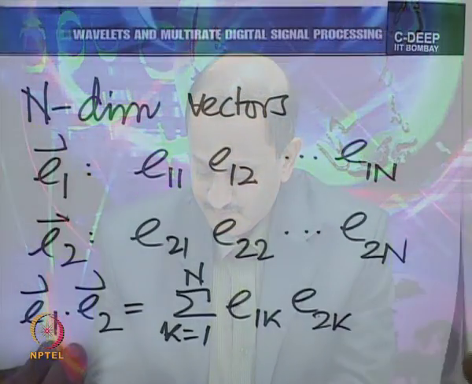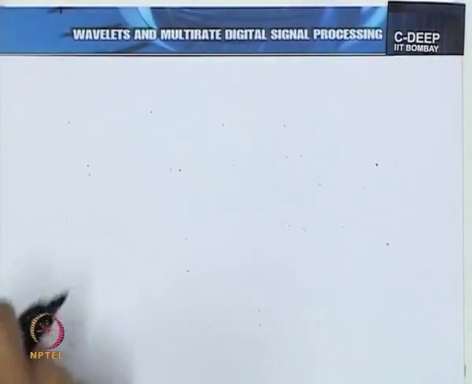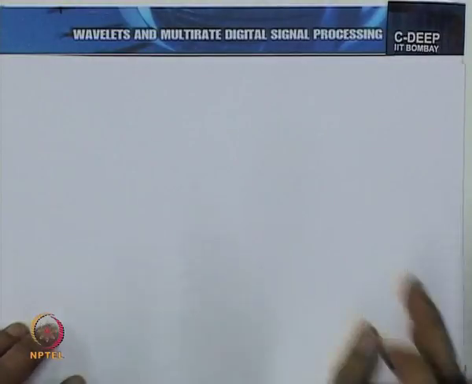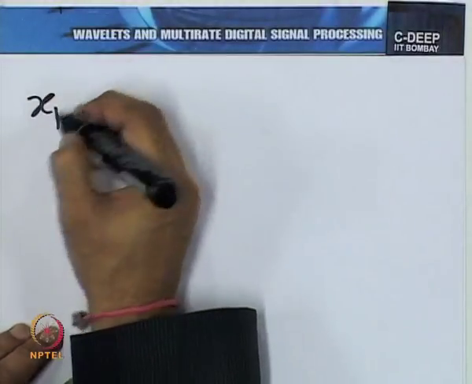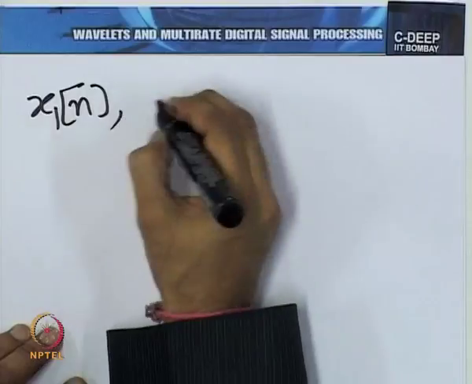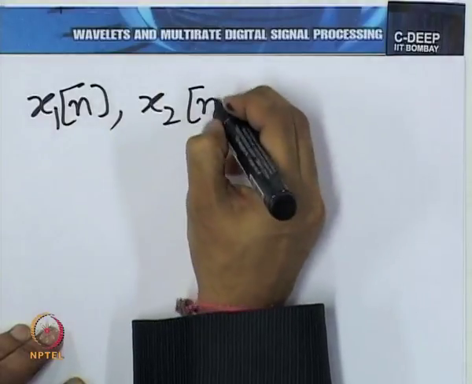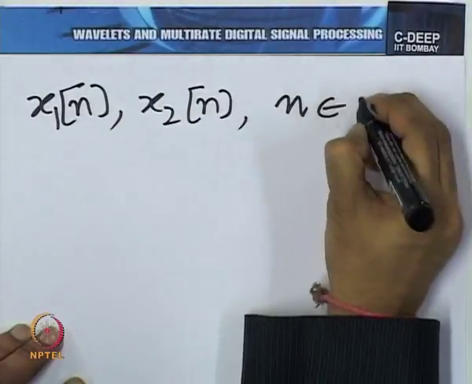Now, we can even take this to infinite dimensions. So, we can think of the dot product of two sequences, let us say x 1 and x 2. So, we have here for example, two sequences x 1 n and x 2 n defined over the set of integers n over all the integers.